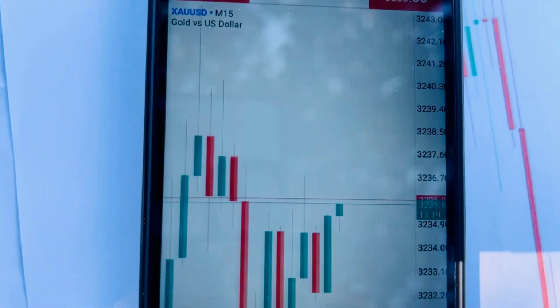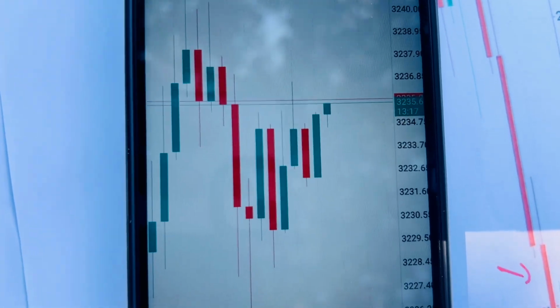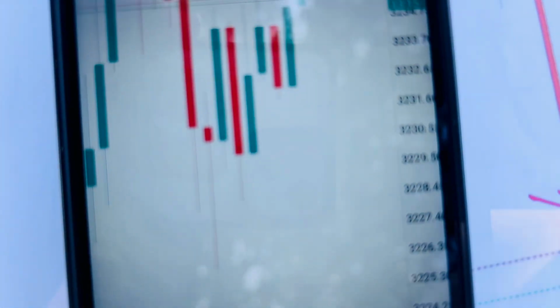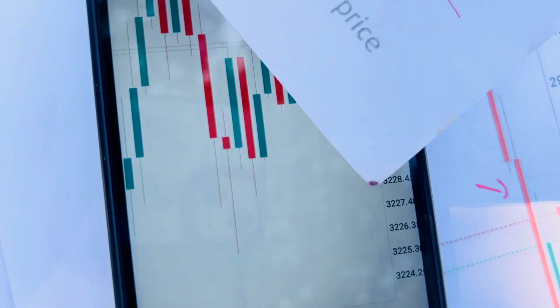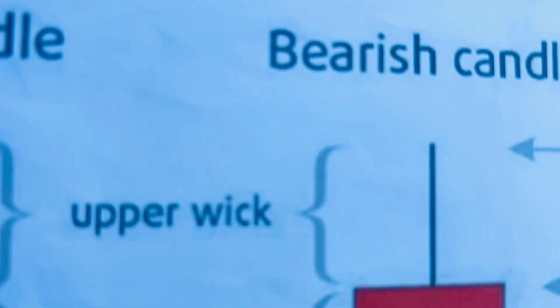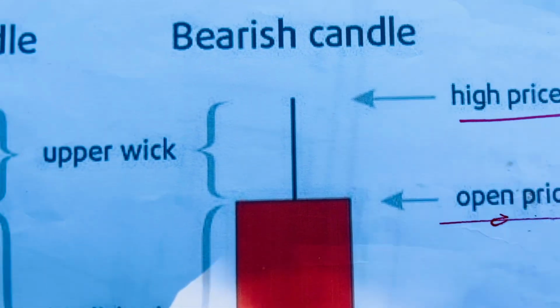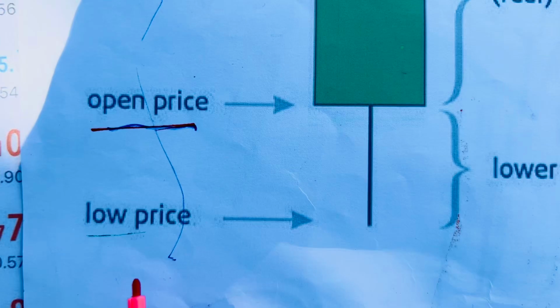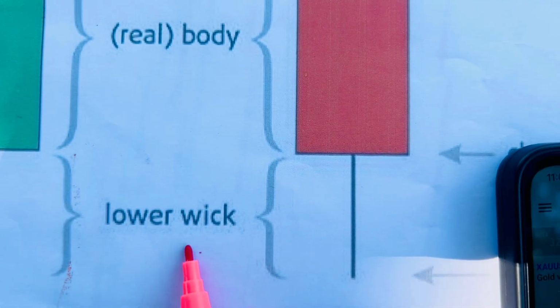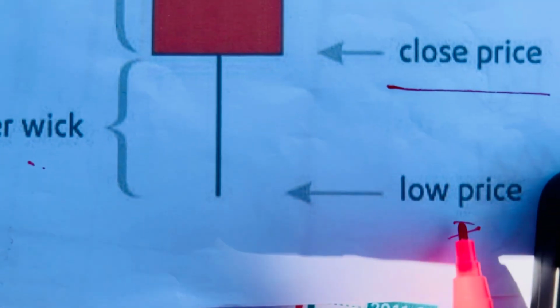Now, looking at this chart, let me explain something so that you have a better way of trading in the market. We have a higher price, we have a lower price, and we also have a lower price on this side.